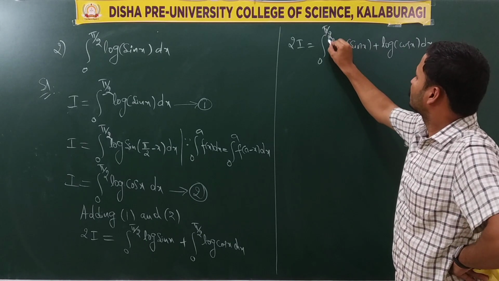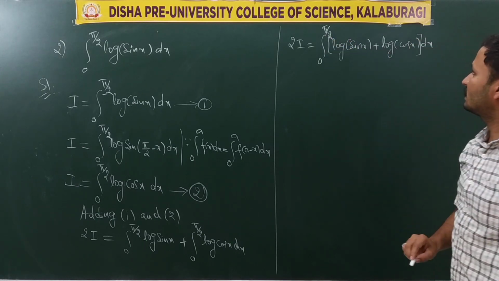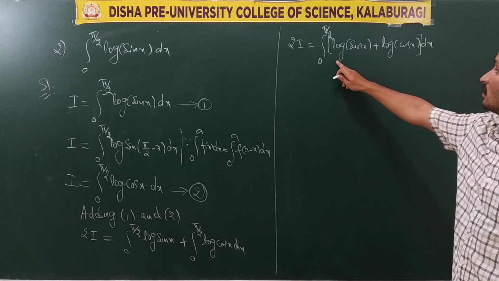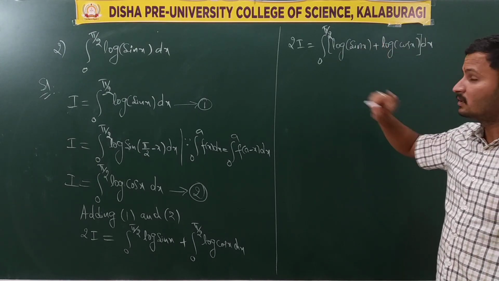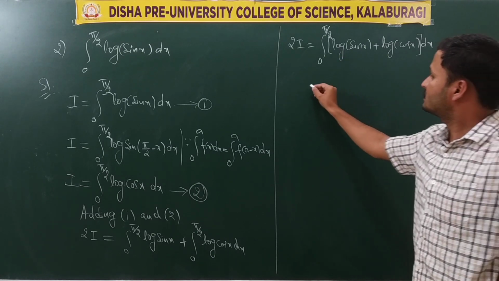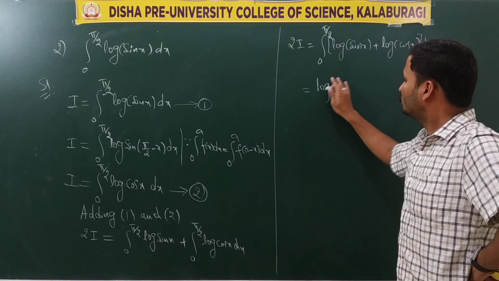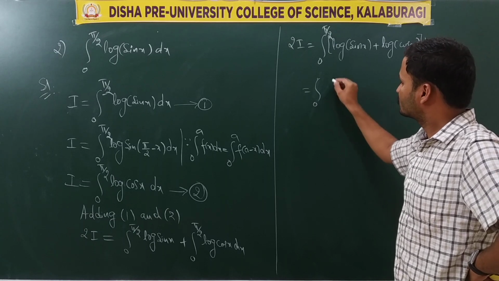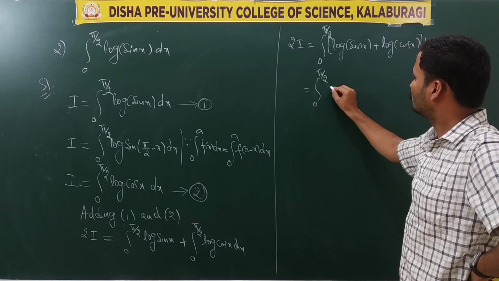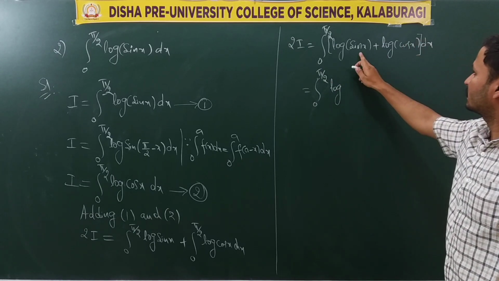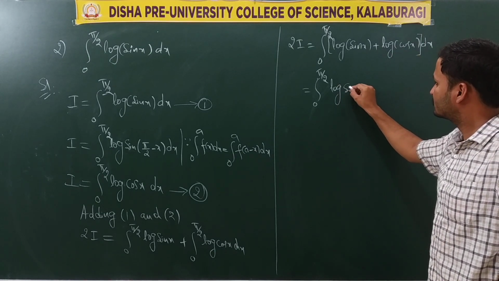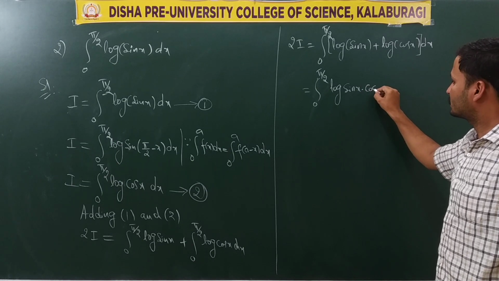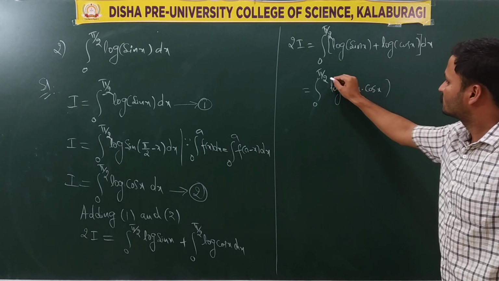Here log of sin x plus log of cos x, that is log m plus log n, by the logarithmic property, log m plus log n is log of m into n. So 0 to pi by 2 of log of sin x plus log of cos x is log of sin x into cos x, dx.